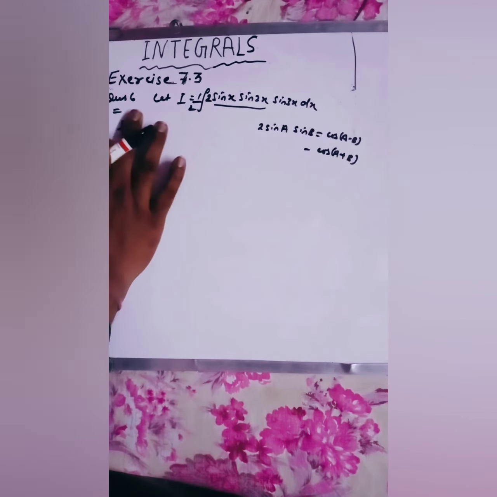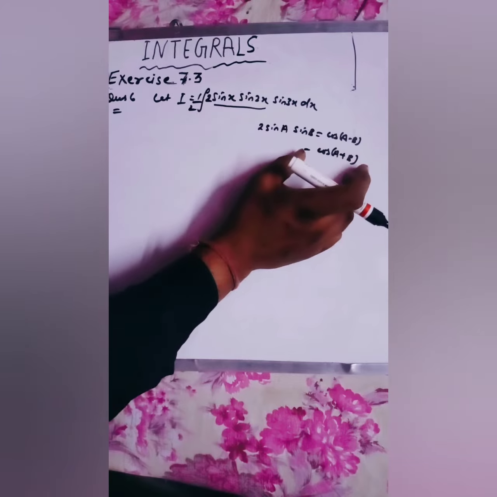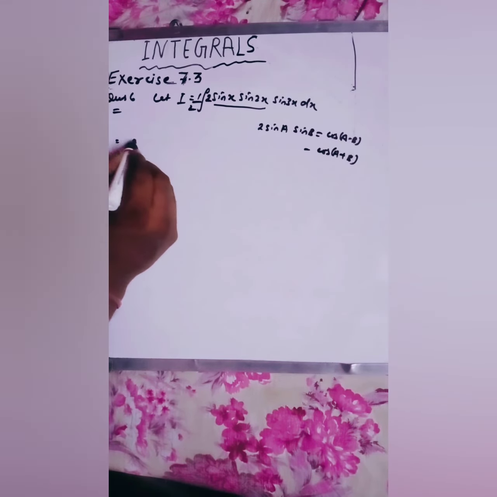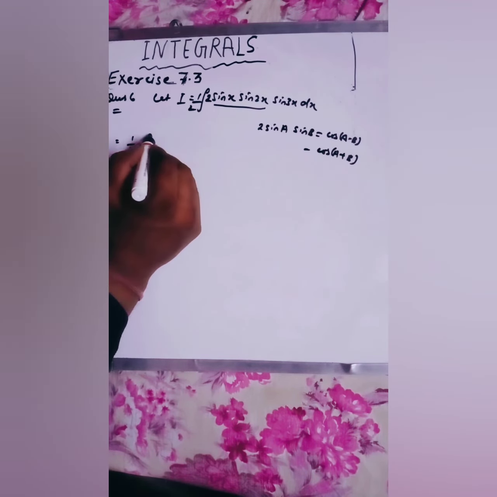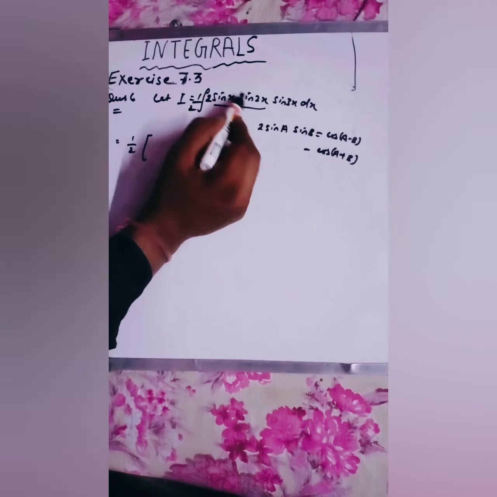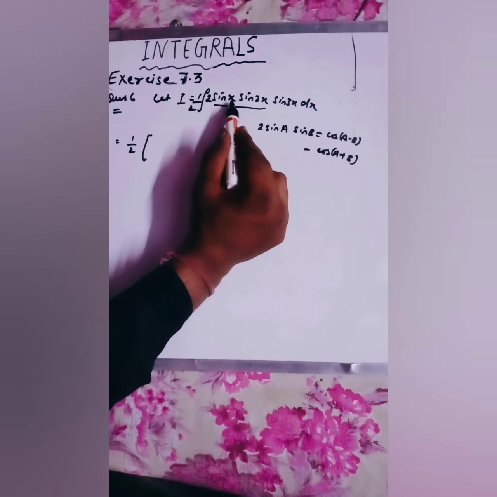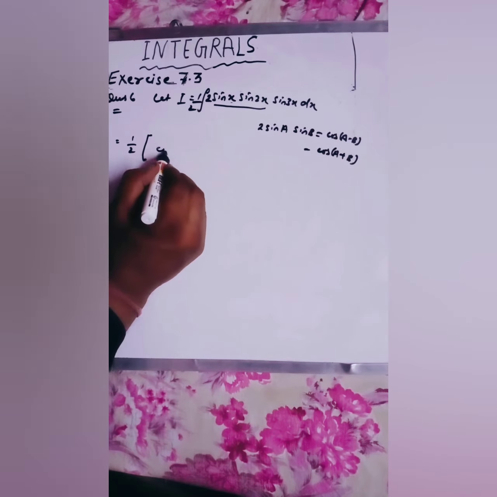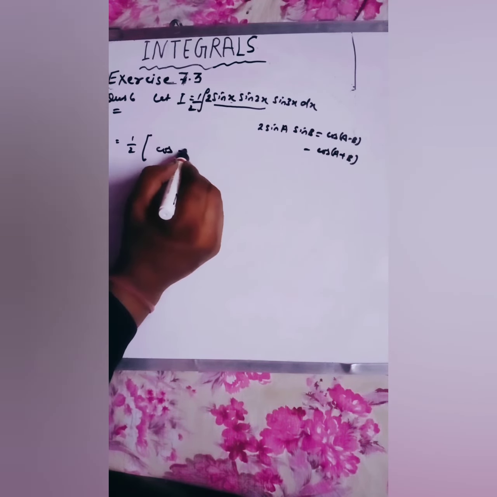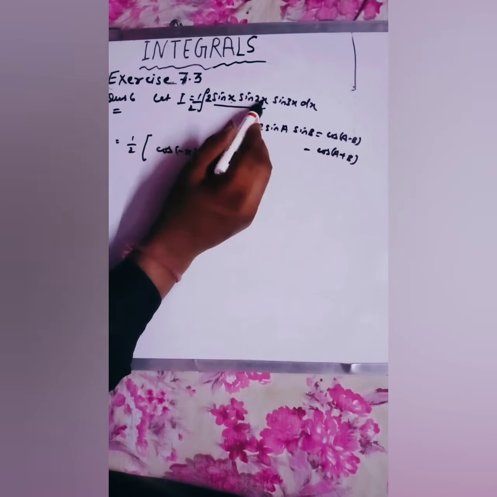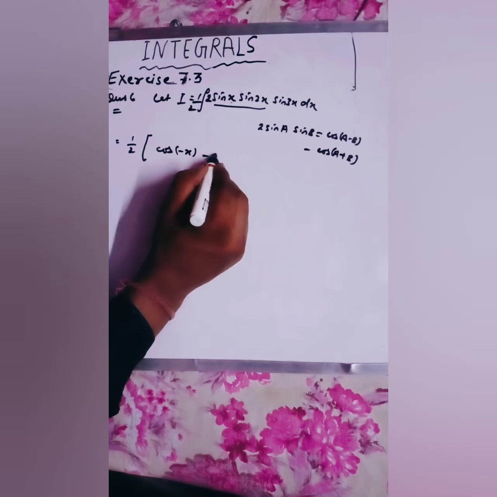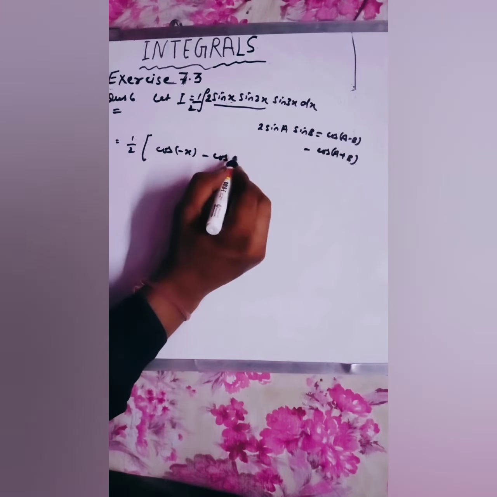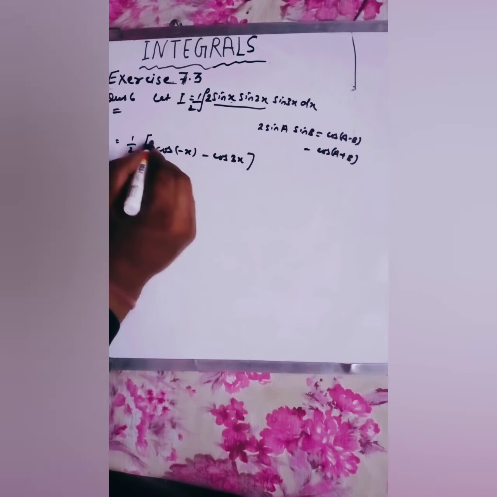So at the place of this I am applying this formula. This half will come outside, bracket open. Now you can match: your A is x, your B is 2x. So cos A minus B would be cos minus x, because x minus 2x is minus x, minus cos A plus B would be 3x, and bracket close.